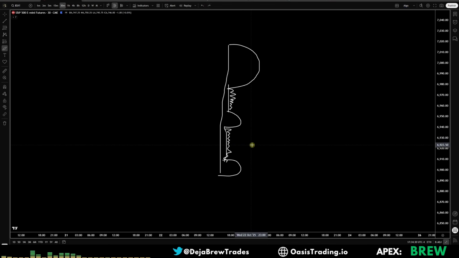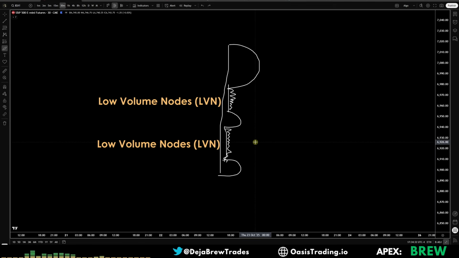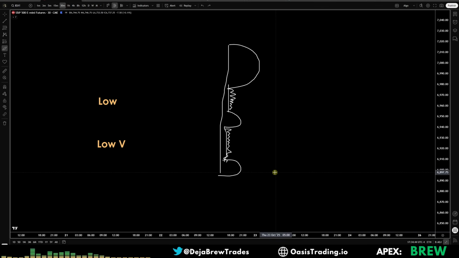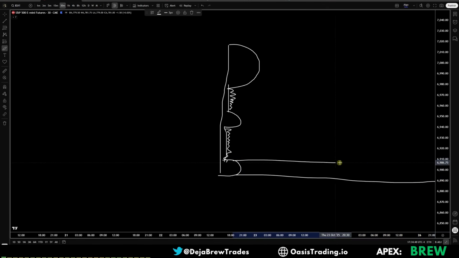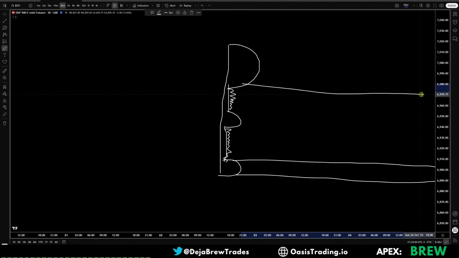These are known as LVNs, low volume nodes, right? Where yes, there is a little bit of a node, but there's not a ton of volume on those nodes. It's not very prominent. But when you have a very large cluster of volume in one price area, remember we are comparing this to price, right?